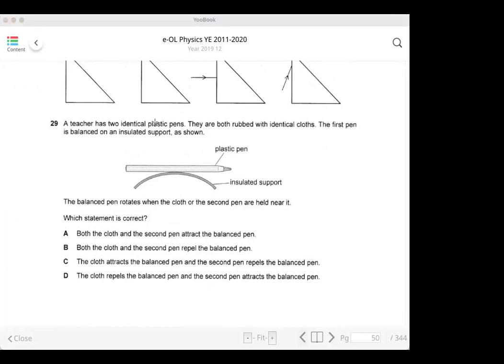Okay, I'll share with you the keyword I will highlight in exam. Okay, Ethan, well done.